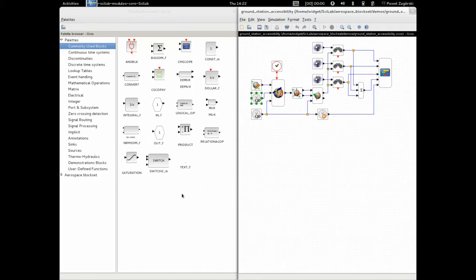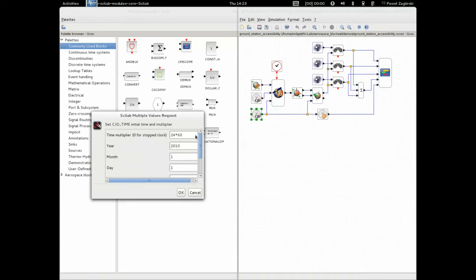And it's different for the second one. This is actually a main clock for our simulation that gives information about the current time to all the other blocks. So in this example we will set our initial time as 1st January 2010, but it's 3 o'clock in the morning, so it's not the epoch.